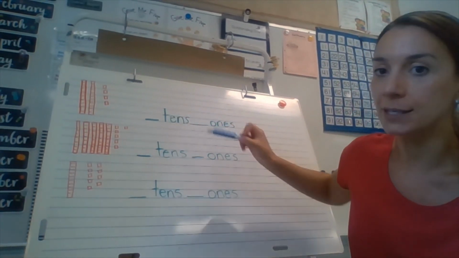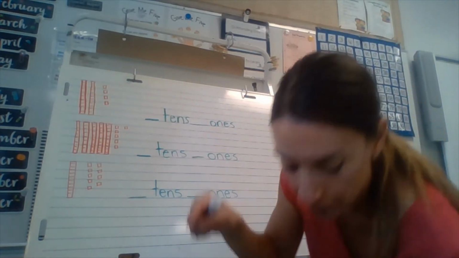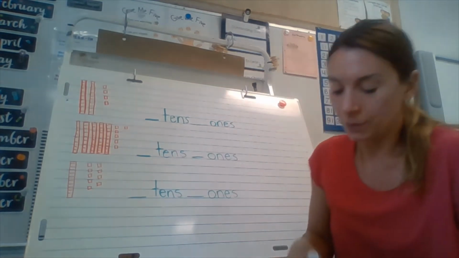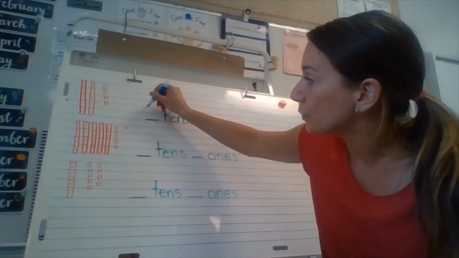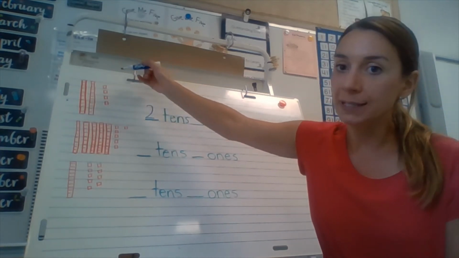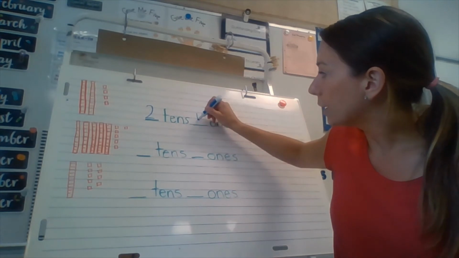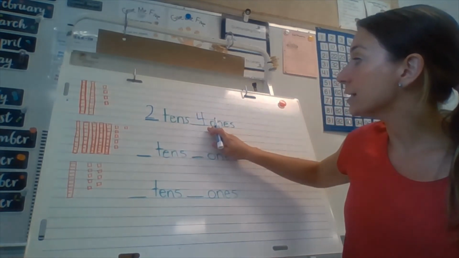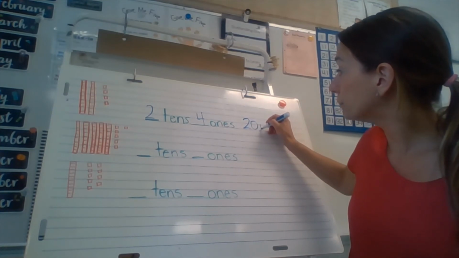How many 10s, how many 1s? So let's start with this one right here. How many groups of 10? Remember, so really here it's 2 10s. Okay, so how many 10s? There's 2 10s. How many 1s? Let's count together. 1, 2, 3, 4. So 2 10s and 4 1s is really 20 plus 4.